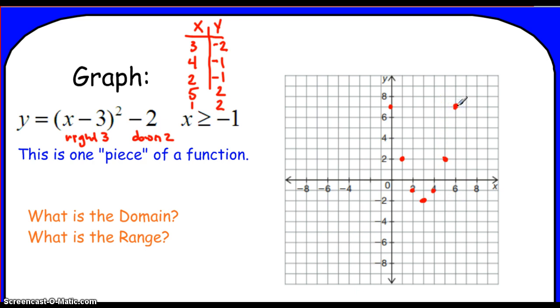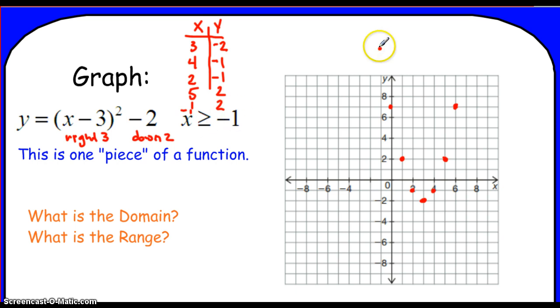And I could keep going and making my chart, but what we're seeing is we only want x values that are greater than -1. We haven't even graphed -1 yet. So I want to plug in that point as well, -1. -1 minus 3 is -4. -4 squared, well, that's 16. 16 minus 2 is 14... I'm way up here at 12.